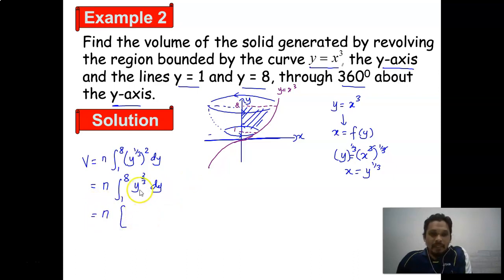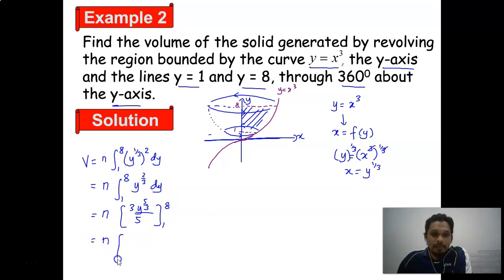Integrate this: y to the power of 2 over 3 plus 1, or 2 over 3 plus 3 over 3, comes out with y to the power of 5 over 3, divided by 5 over 3, or flipping it upside down, 3 over 5, from 1 until 8.